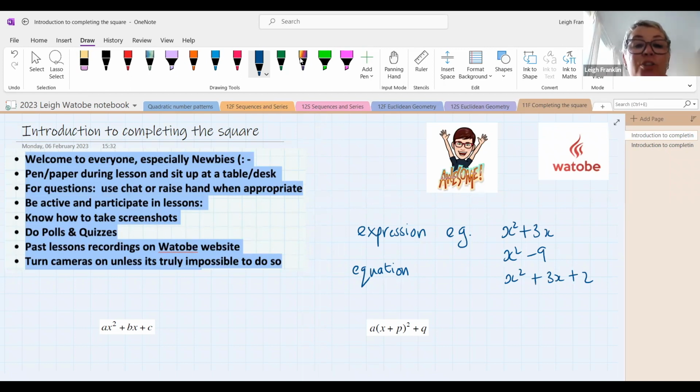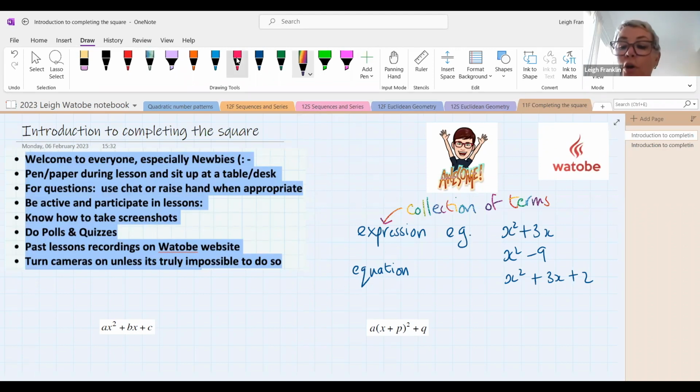It is a collection of terms, and it can be one term, two terms, three terms. It really doesn't matter. When we are working with expressions, we are not concerned about the value of x.